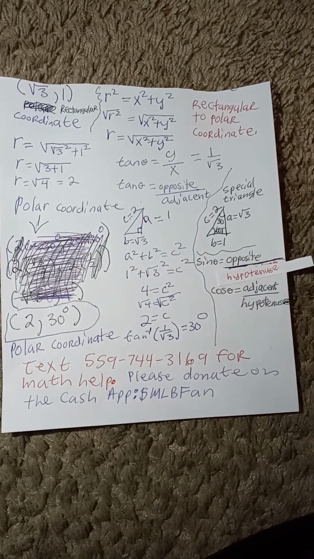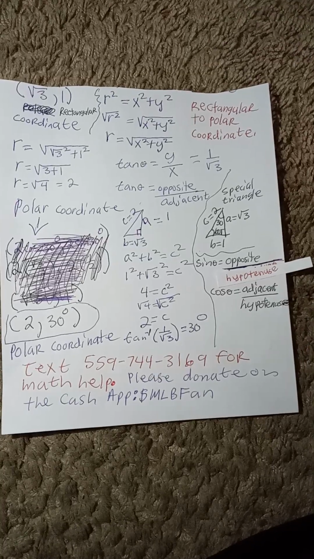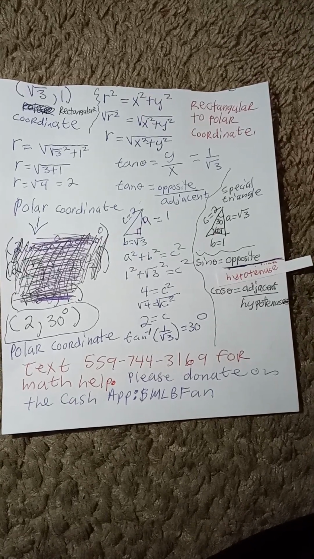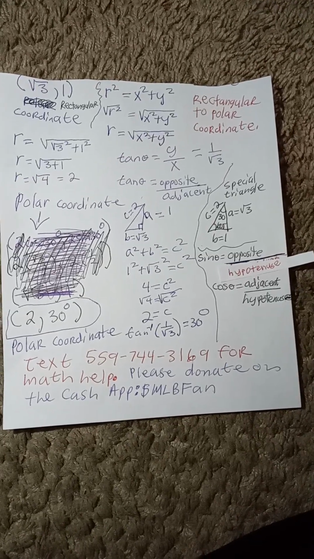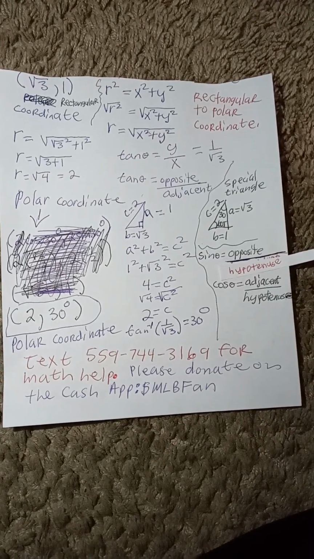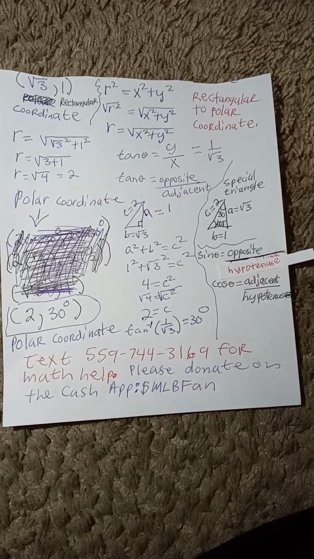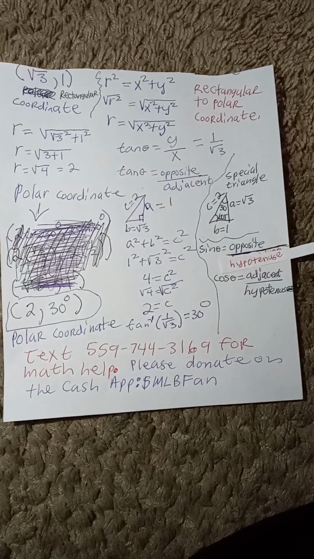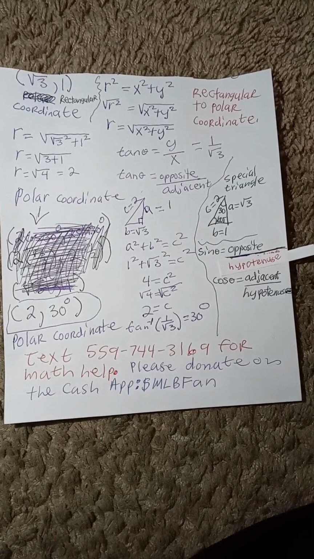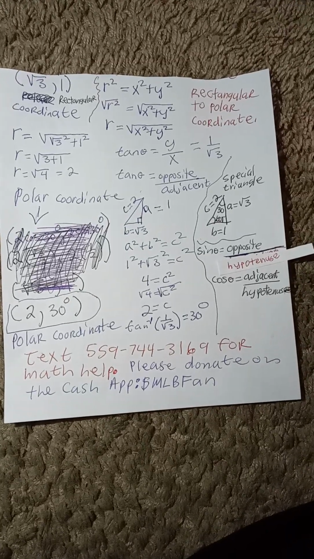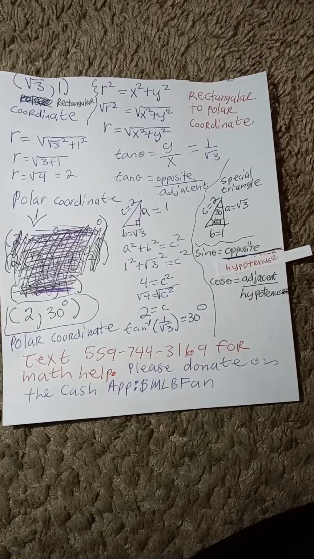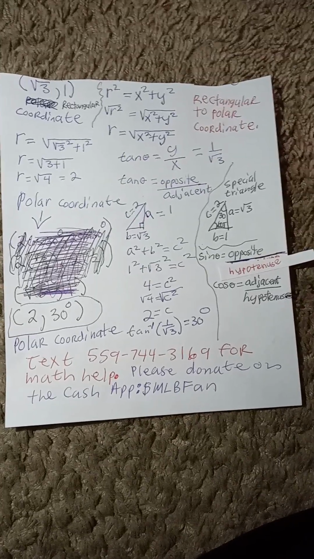So r is going to equal the square root of 3 squared plus 1 squared. So r is going to equal the square root of 3 plus 1 as this original function breaks down. And then r is going to equal the square root of 4, which breaks down to 2. So r is going to equal 2.